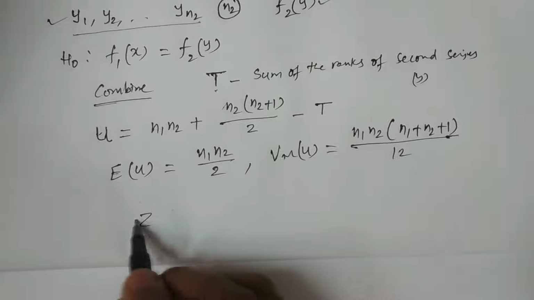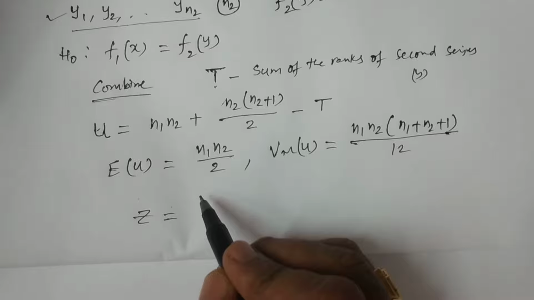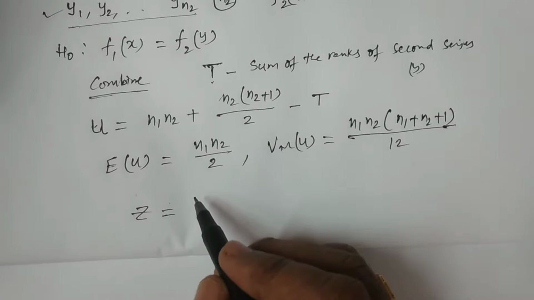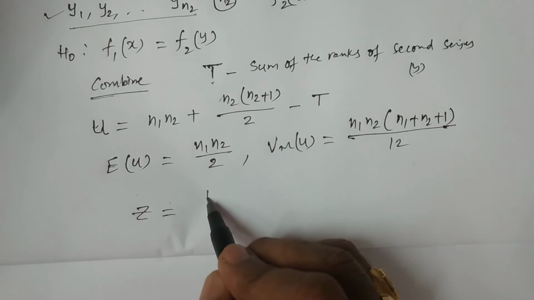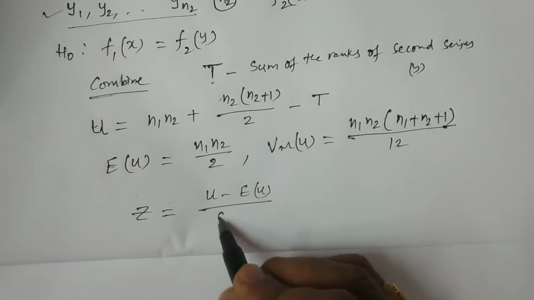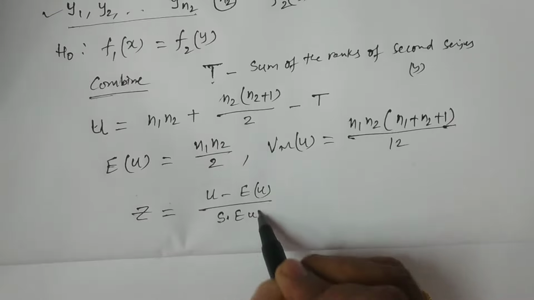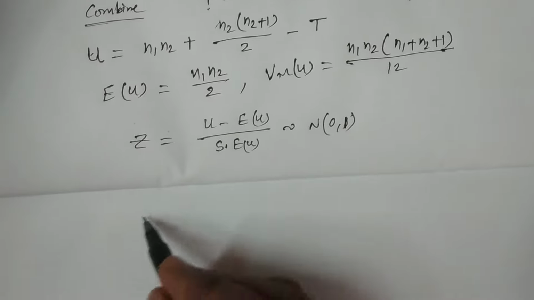So Z is calculated as in the usual test procedure for the test statistic of the standard normal distribution. Z is equal to U minus expectation of U divided by the standard error of U, which follows a normal distribution with mean 0 and variance 1, that is the standard normal distribution.